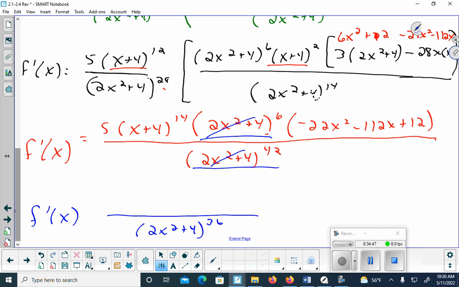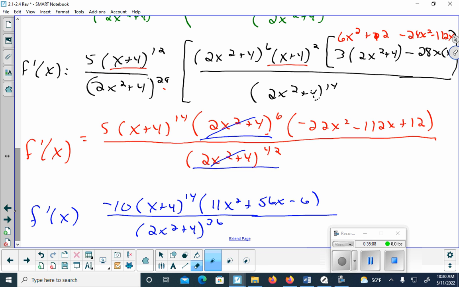Sure I can. Negative 10, x plus 4 to the 14th, and then this will be 11x squared plus 56x plus, oh, minus 6. If you didn't factor out the negative sign, that's fine. But that's doable, yes?